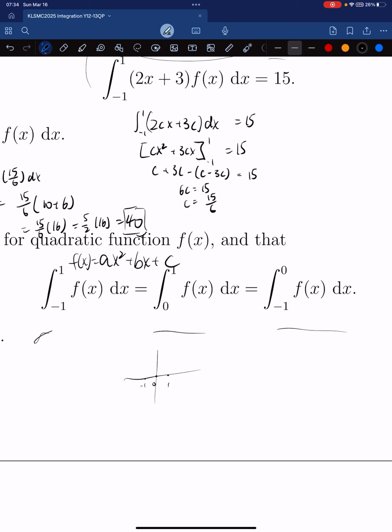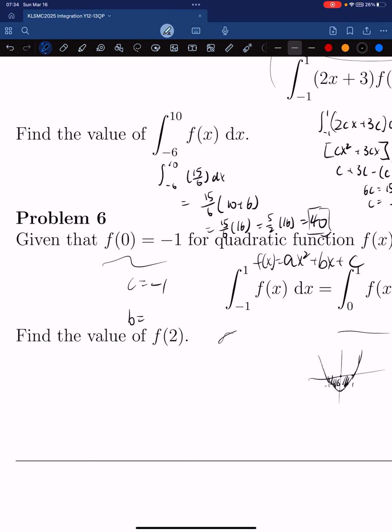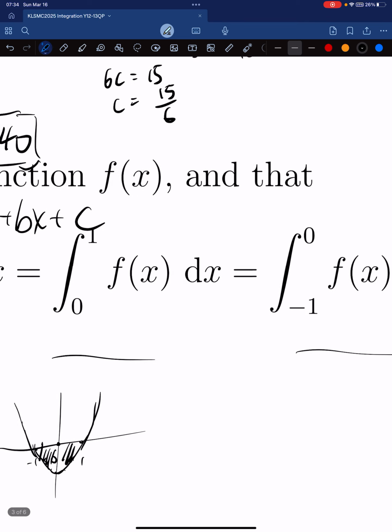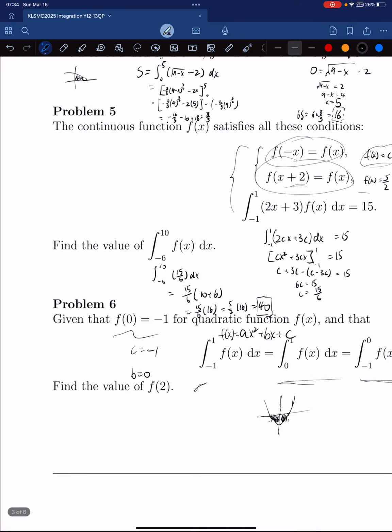If you visualize your quadratic graph, for these two areas to be equal, you know that your quadratic must be symmetric about x equals 0. So therefore we know that b is 0, because our quadratic must be symmetric about the y-axis, because these two integrals are equal. So we know b equals 0.